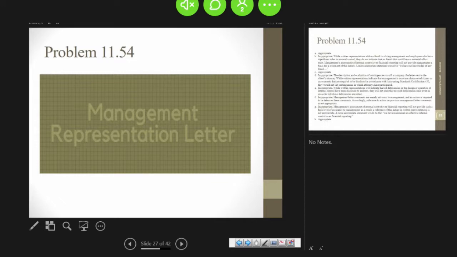We've reported anything that we're aware of, frauds or deficiencies that we're aware of, we've reported those to you. And we're not saying that there are no errors in the financial statements, but we're saying to our knowledge, there are no material errors in the financial statements.